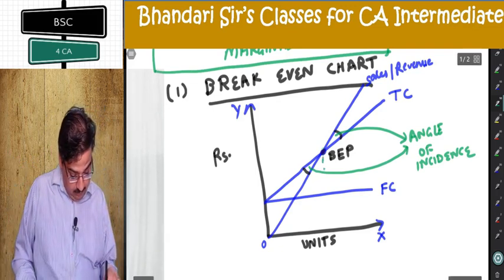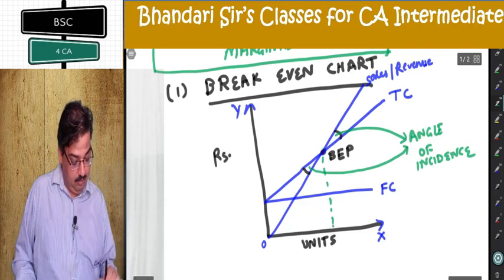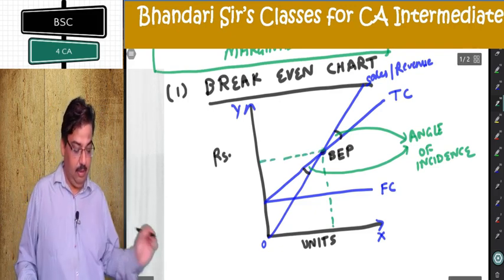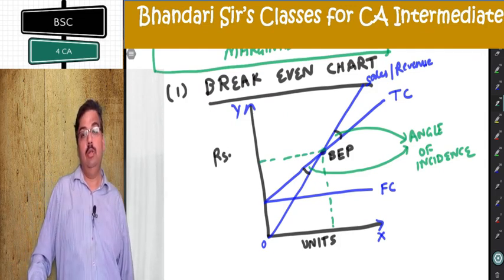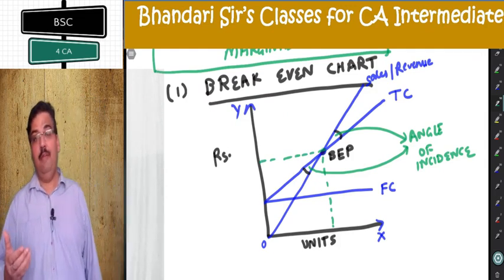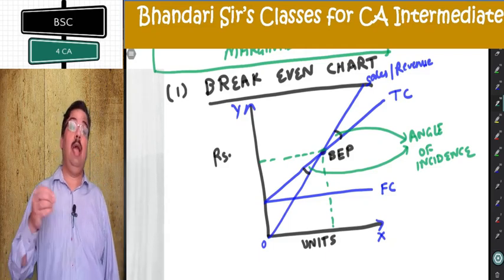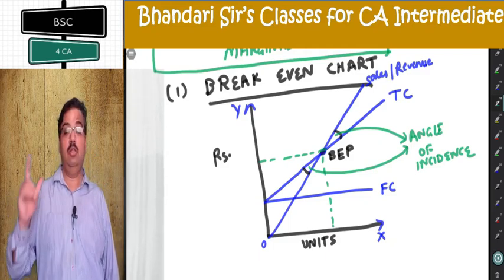Lastly, here I can check the break-even point in units. Here I can check the break-even point in rupees. If my actual sale is higher than the break-even sale, the difference can be shown as margin of safety.